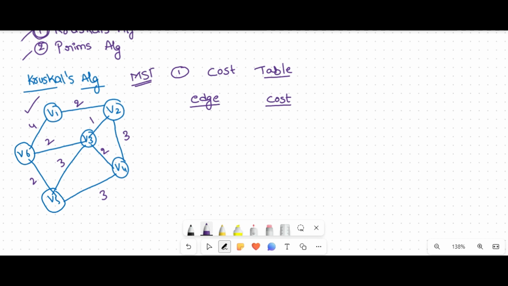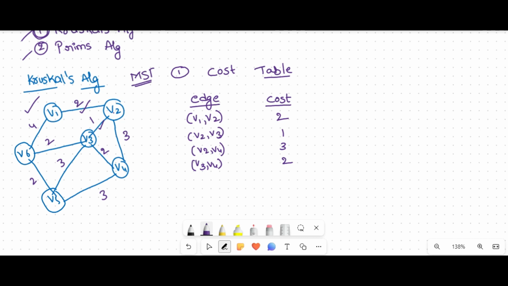First, the ordered pair V1, V2, and the cost is 2. Next V2 to V3, which is 1. Next V2 to V4, it is 3. Next V3 to V4, 2. V3 to V4 or V4 to V3, why? Because this is an undirected graph.